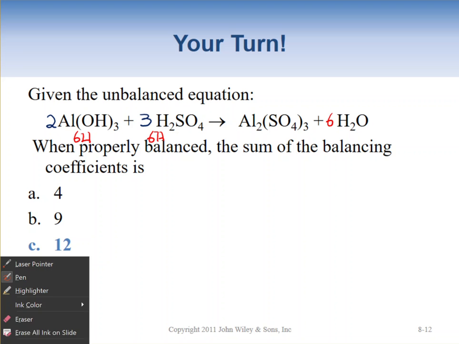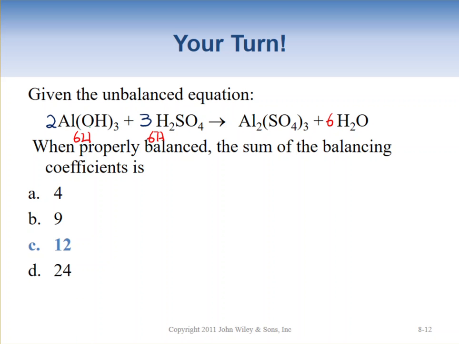And then to look at the oxygens, you have 6 oxygen in aluminum hydroxide, 12 oxygen from sulfuric acid, which is a total of 18. Now you have 12 oxygen from aluminum sulfate and 6 oxygen from water.